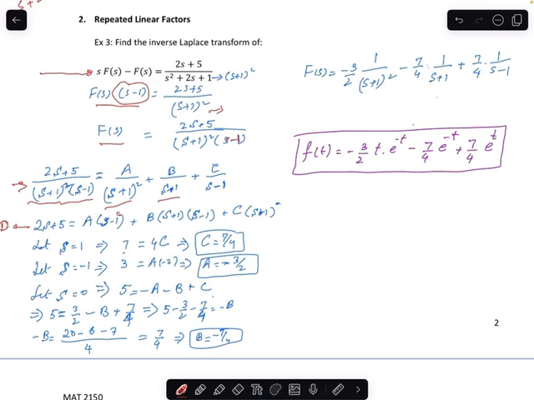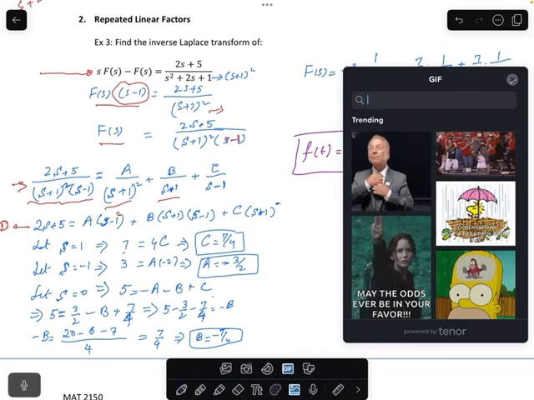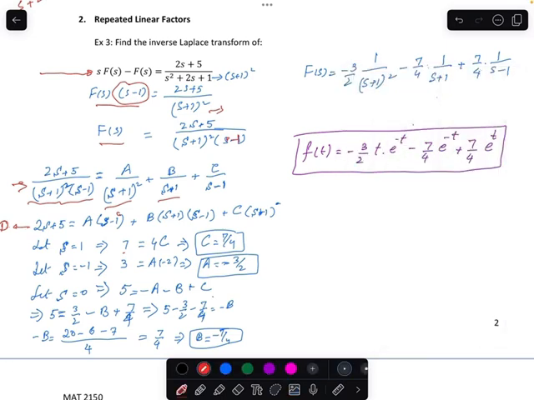In the same way, b has an s minus 1 with it, so that will become a 0. The only term we are left with is the last one, which is c times 1 plus 1, so 2c.